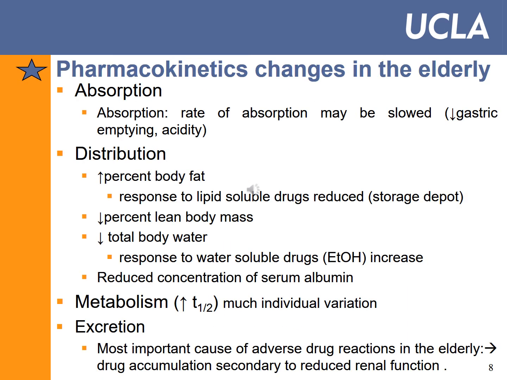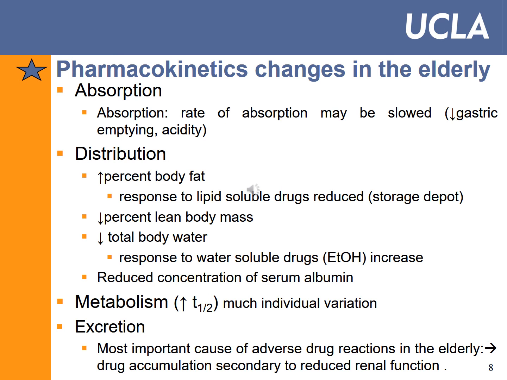And so, as with the infant and the newborn, there are some pharmacokinetic changes in the elderly. For them, the absorption rate may be slower. Their GI system is slower now, because they are older, and the smooth muscle cells are not working as efficiently as in a younger adult.